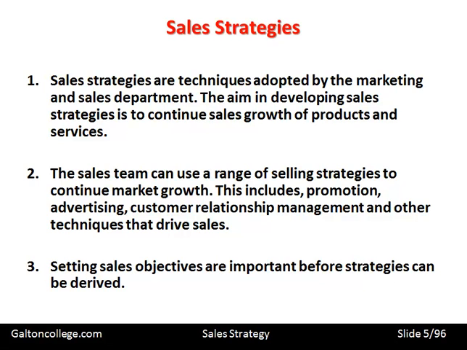What is the most appropriate strategy: to have more salespeople on the ground, more salespeople in the field dealing with customers, or is it to have more above the line marketing in the press, on television, or whatever? It depends on the product, it depends on the price of the product, it depends on the market and the characteristics of the market. But the strategies have to be determined once the sales objective has been set.